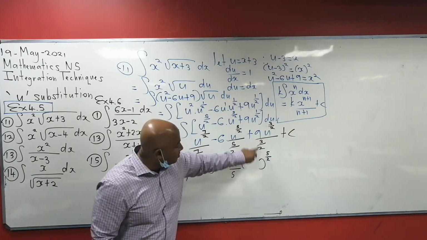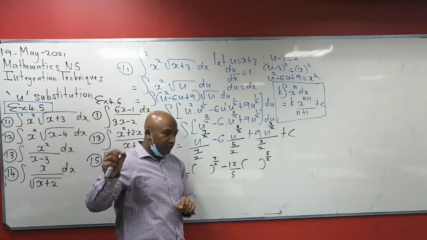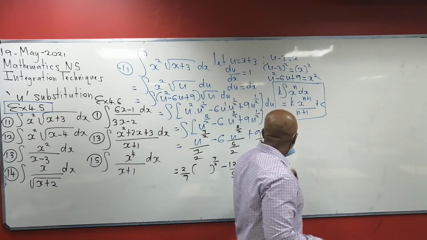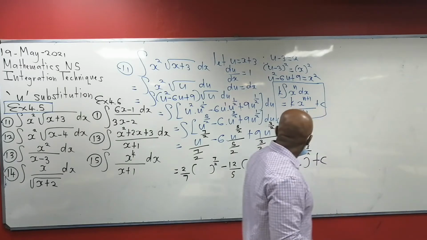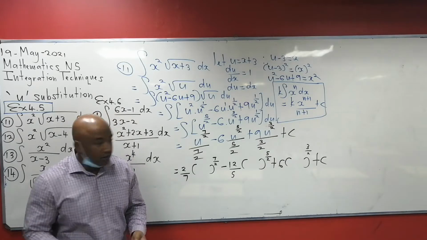Here, 9 divided by 3 over 2 is the same as 9 times 2 divided by 3, which is equal to 6. u to the power 3 over 2, plus c. Don't forget to substitute back for u.